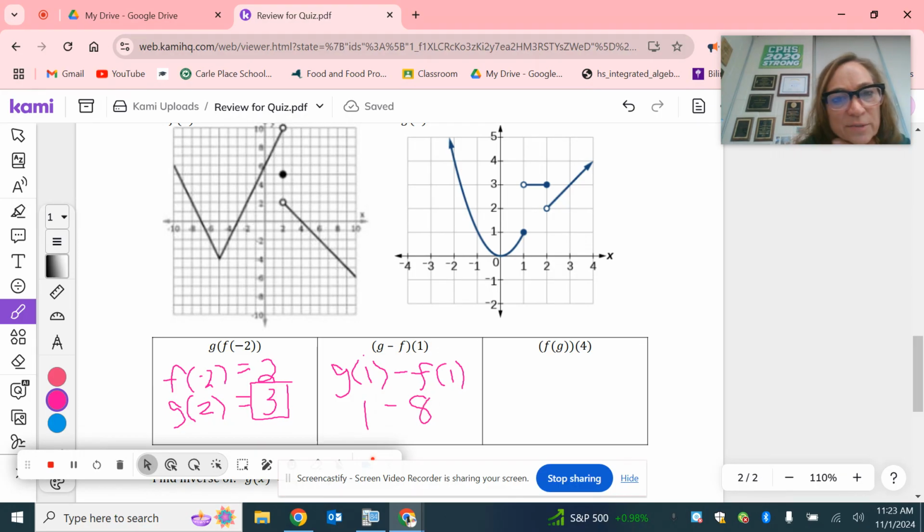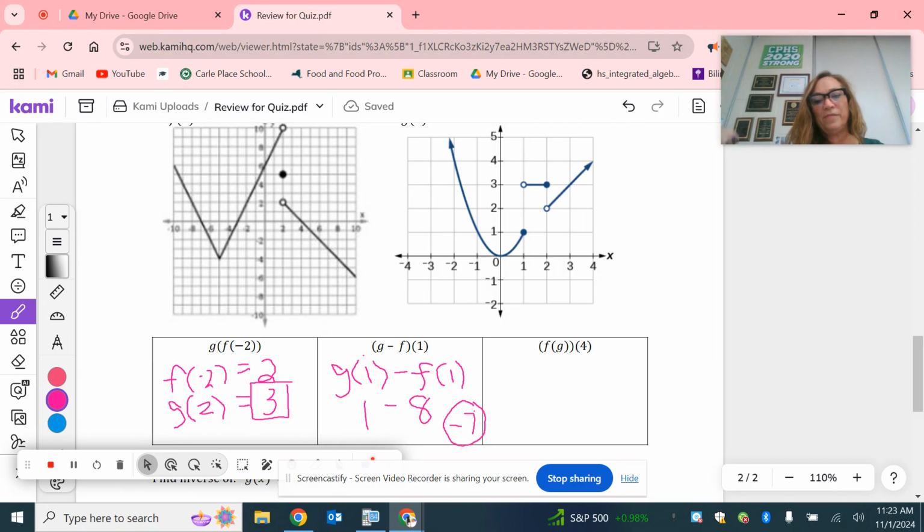Let me just make sure it gives me 8 because it's hard for me to see. I'm pretty sure that's an 8. I'm just going to double check on my paper because it's easier for me to see on the paper. Yeah, 2, 4, 6, 8. 1 gives me 8. Okay, good. So the answer is -7.